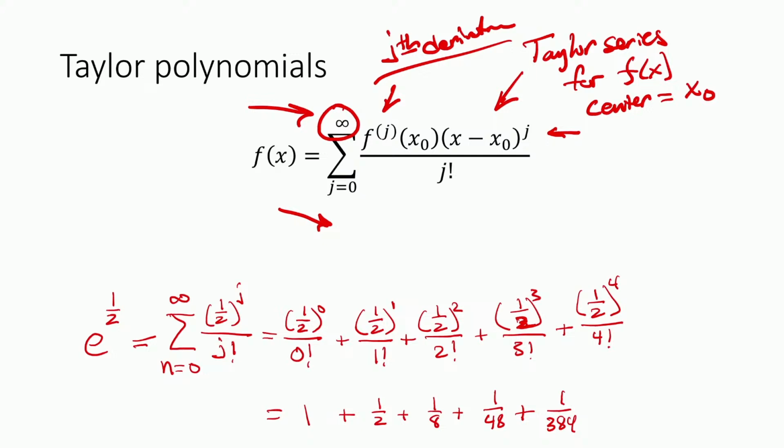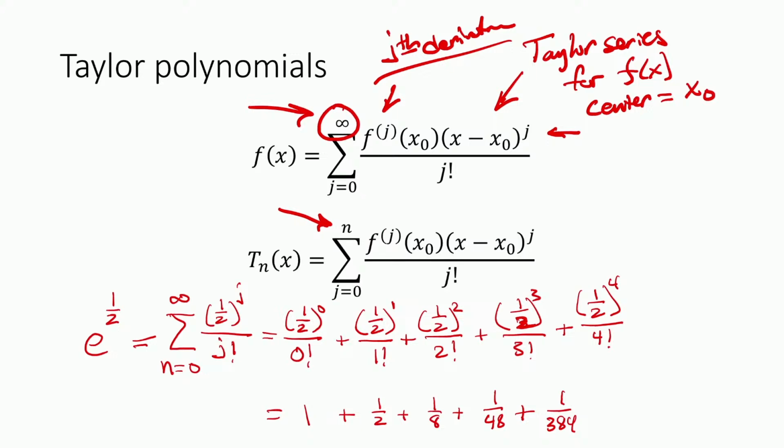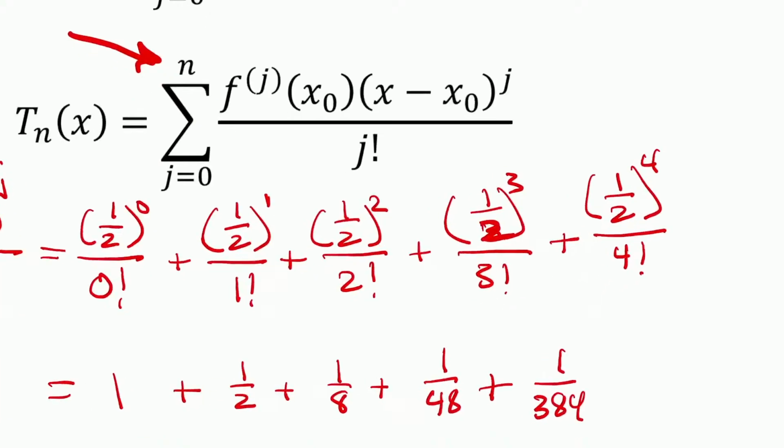And so technically what I've done here is I have computed the fourth Taylor polynomial, evaluated at 1/2. So instead of going all the way to infinity, I'm going to just get the fourth one.